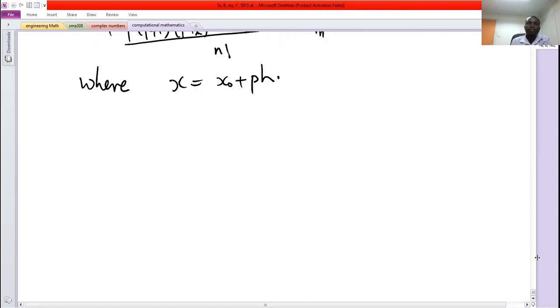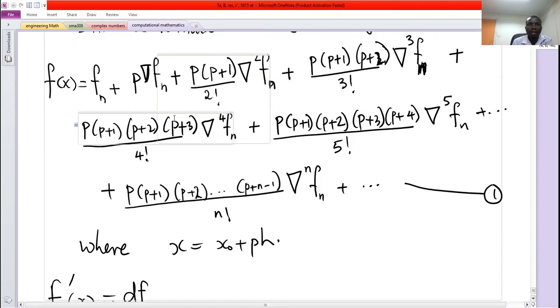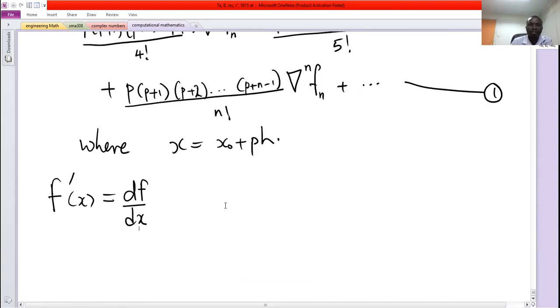So f prime of x is the same as df dx, but because the right hand side of this formula is purely in terms of p, and with this relationship between p and x, we can use the chain rule and say this is the same as df dp times dp dx.